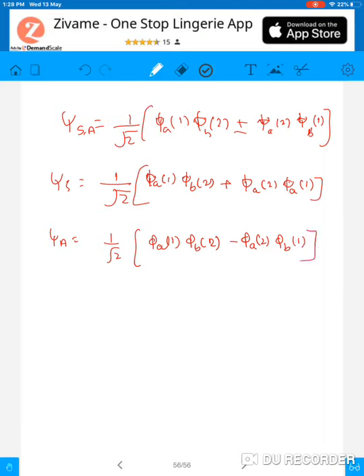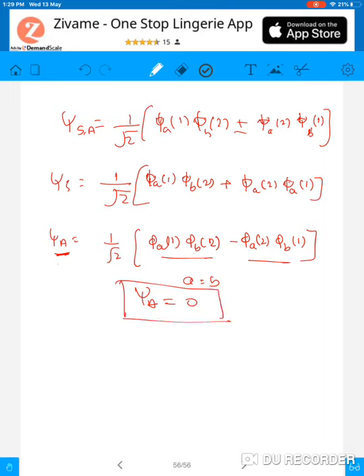From here we find the Pauli exclusion principle, which says that particles with an antisymmetric wave function cannot be in the same state. If we set a equal to b, then the summation would be equal to 0, and the total antisymmetric wave function would be 0.